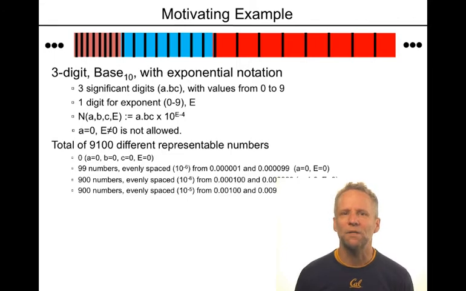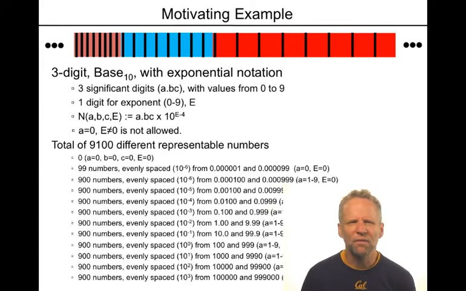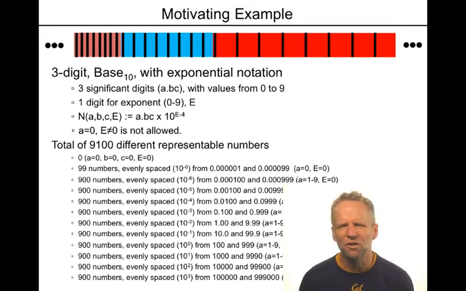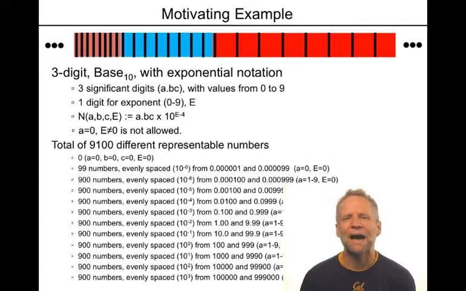We get 900 numbers evenly spaced in the next chunk, and so on. And finally, the last chunk is 900 numbers from 100,000 to 999,000, and the spacing there is 1,000 between those numbers. So the numbers are quite far apart.